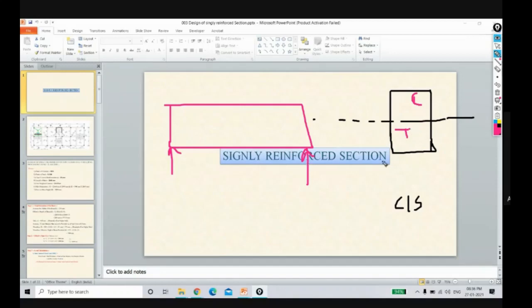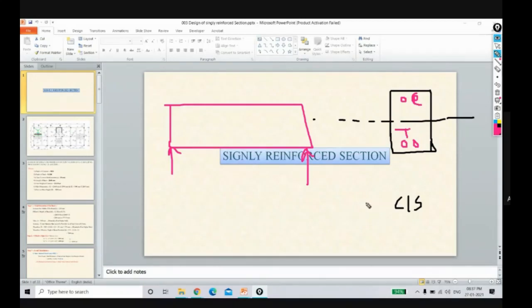So singly reinforced section means we provide the reinforcement on the tension side only, means reinforcement is on only one side. And doubly reinforced section means reinforcement is on both sides, compression as well as tension. That is the theoretical difference between singly reinforced section and doubly reinforced section.